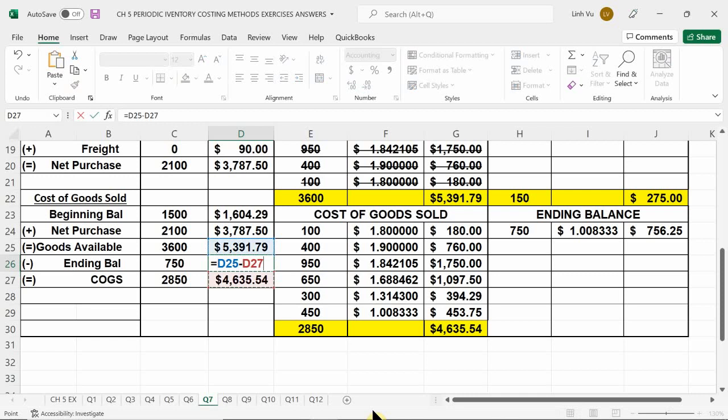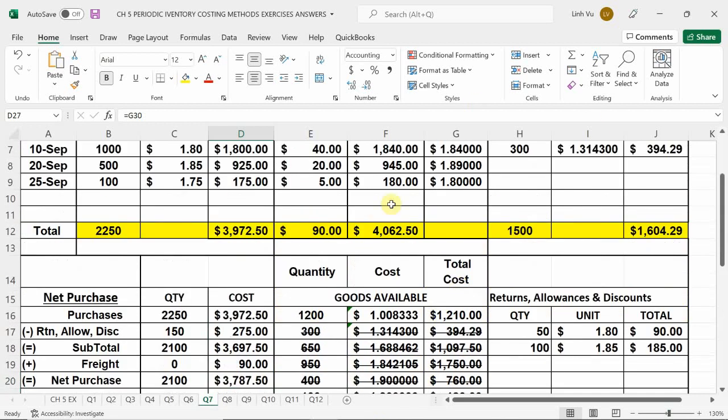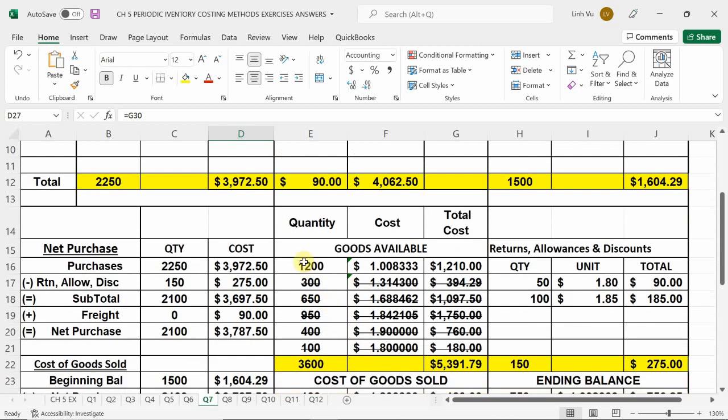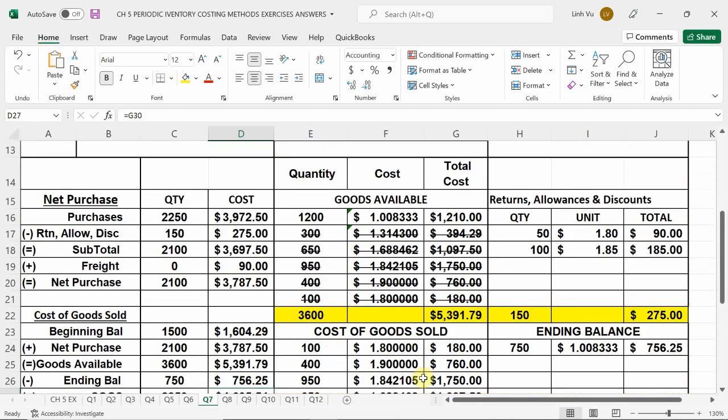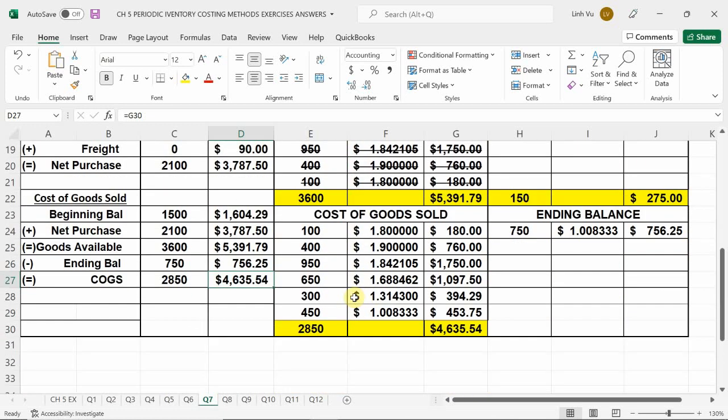This way would have been quicker, but again, you have to understand the laws and the rules of how LIFO works. So if you knew that much, instead of having to go through the whole cost of goods sold, you could have just simply solved for ending inventory and boom, you didn't have to go through all of those numbers there. Okay, so any questions here?